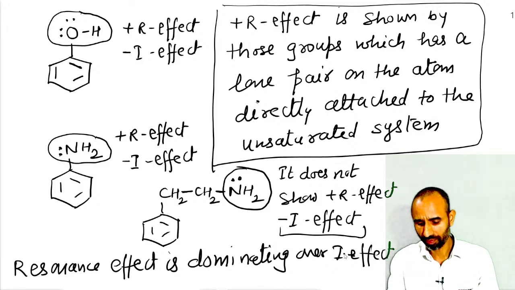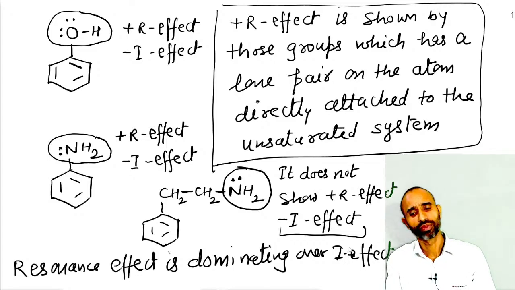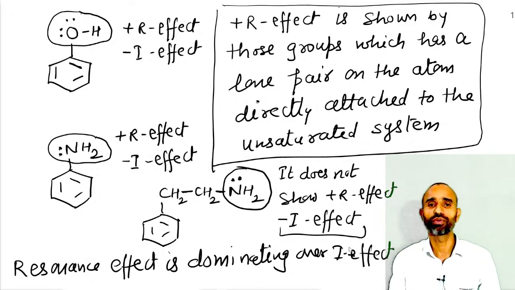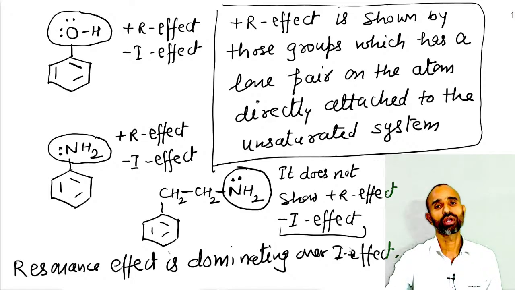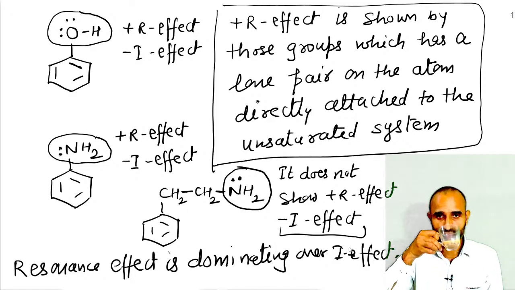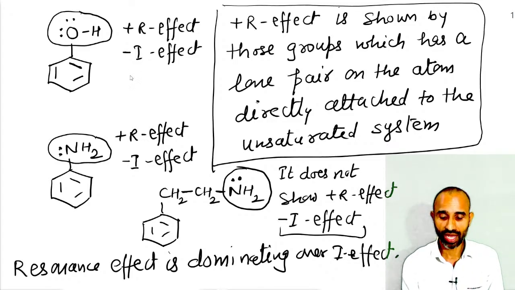Halogens are a special case, an exception that I will let you know afterwards. First we will discuss, whenever resonance and inductive effect are there, resonance is always dominating over inductive effect. So both the groups are considered as electron releasing groups.